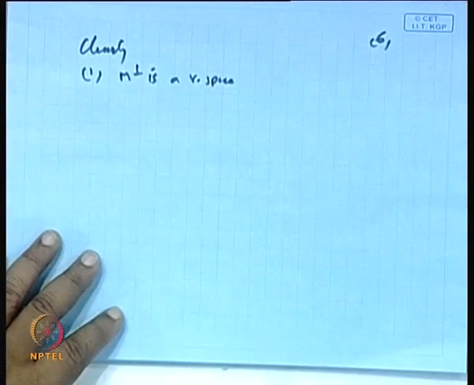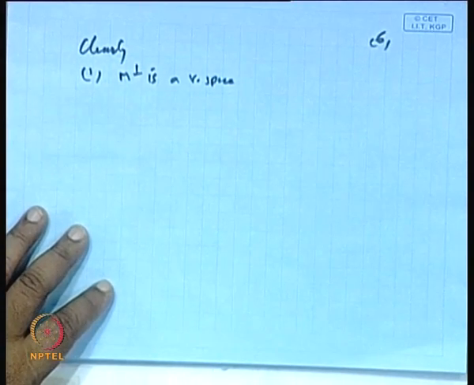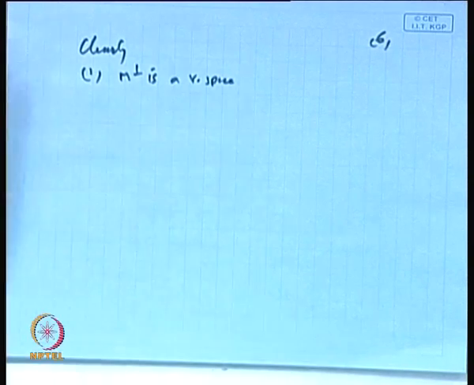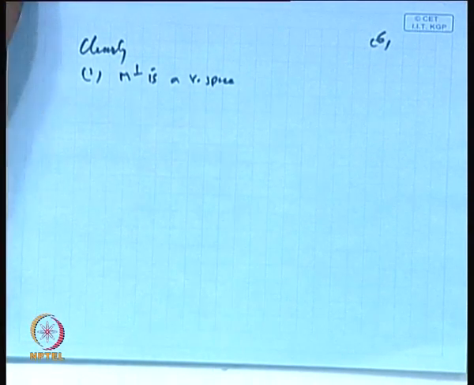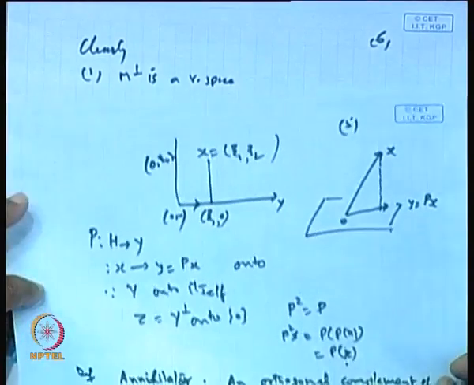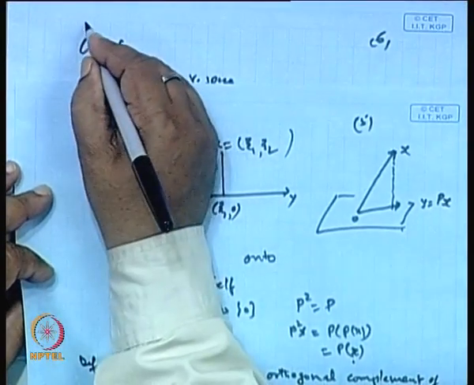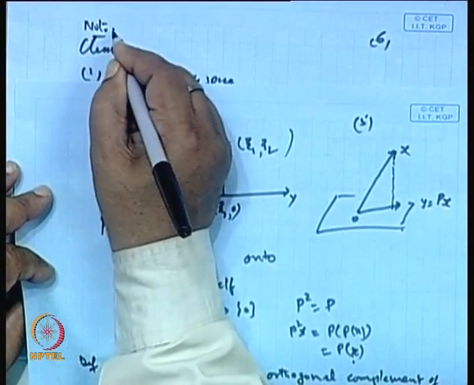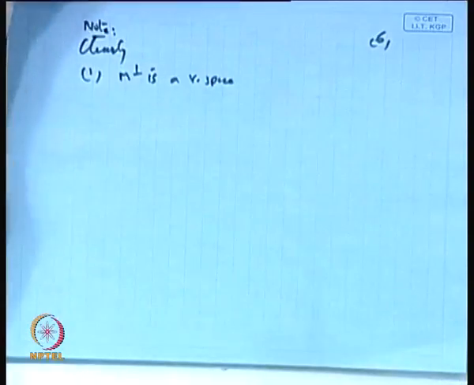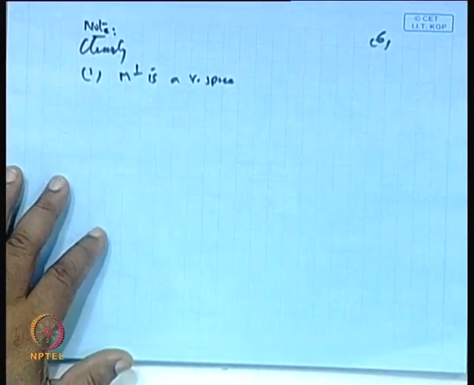Why is it a vector space? So, basically we are defining the annihilator as, note that this will be more clear.